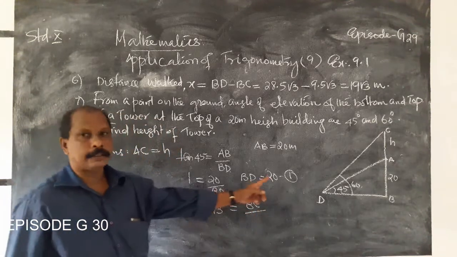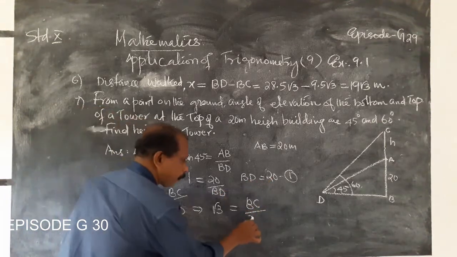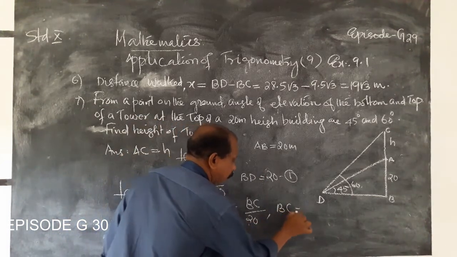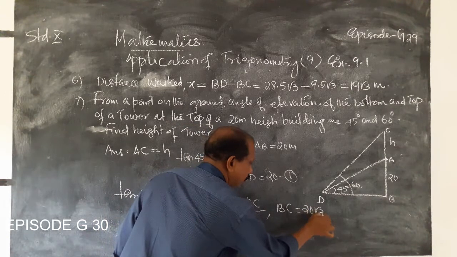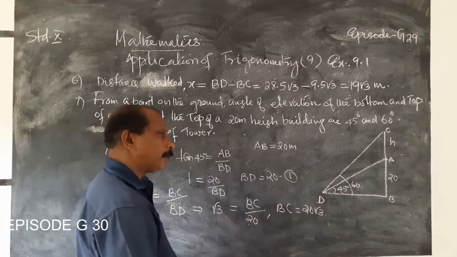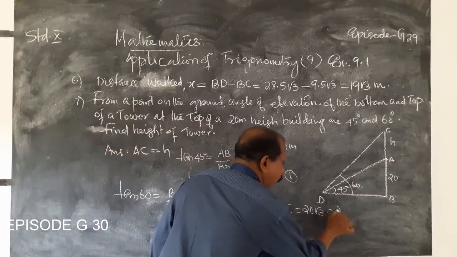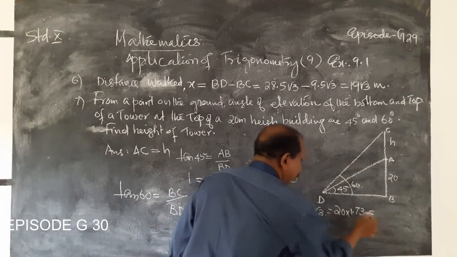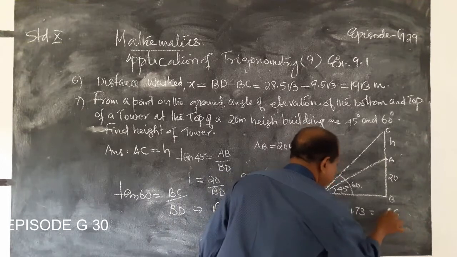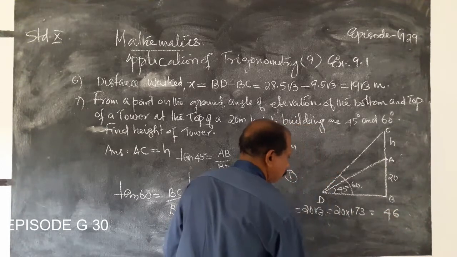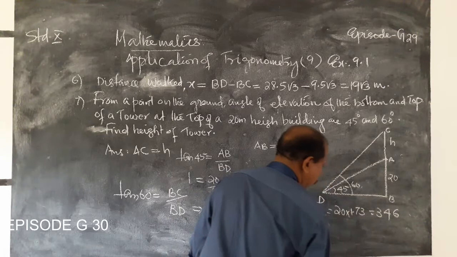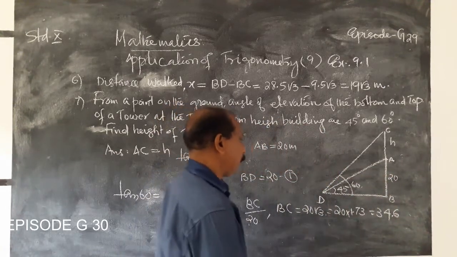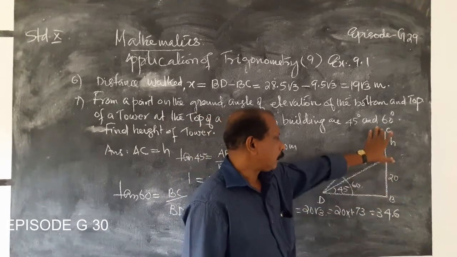What is BD? It is 20. Cross multiplication, BC is equal to 20 root 3. What is it? 20 root 3 is 20 into 1.73, that is equal to 34.6. That is BC.